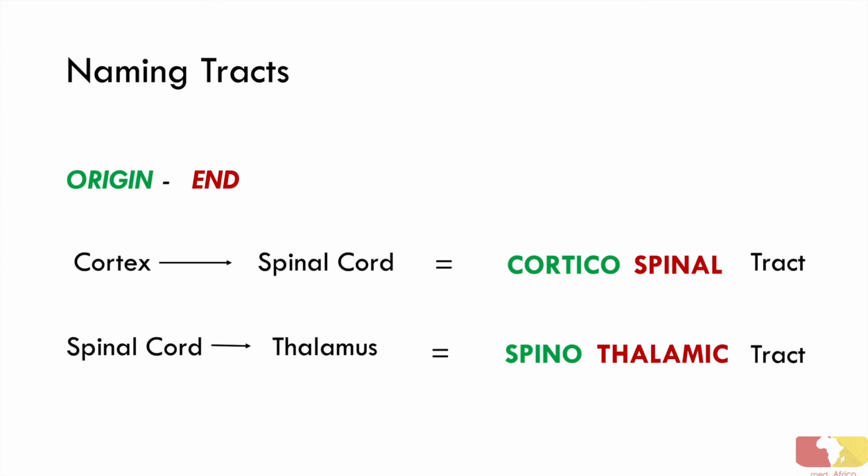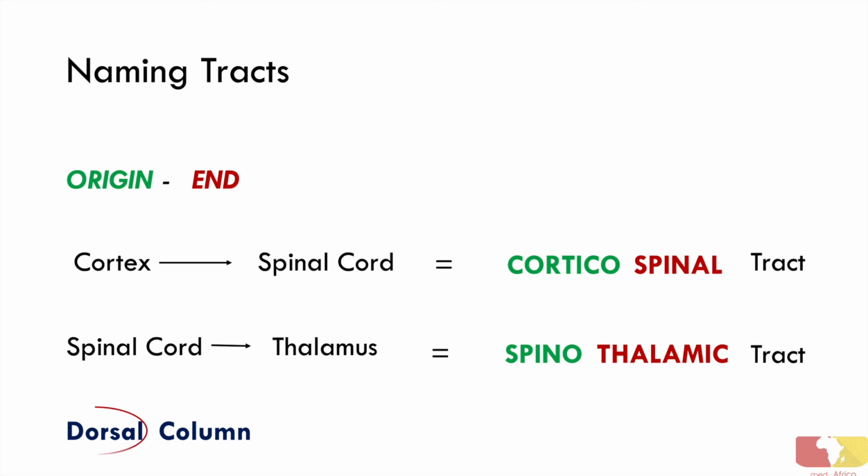There are certain tracts that don't follow this naming rule. So for example, the dorsal column is a tract, but you will see from the name we can't really figure out where it's starting from and where it's going to. But we can still get some information about the nature of this tract if we just look at the meaning of the words that make up its name.